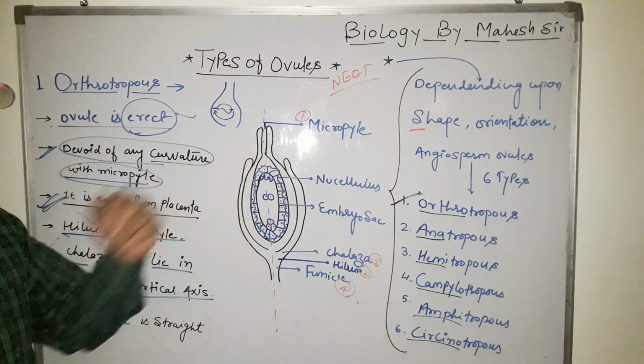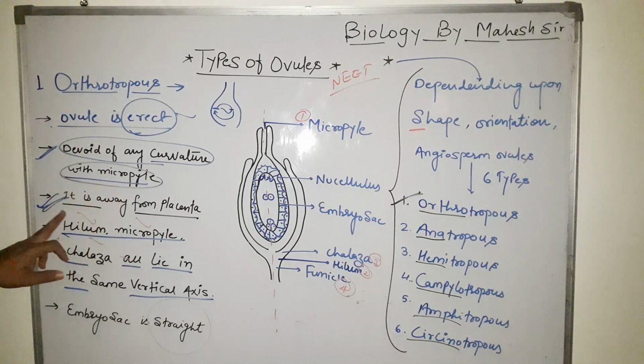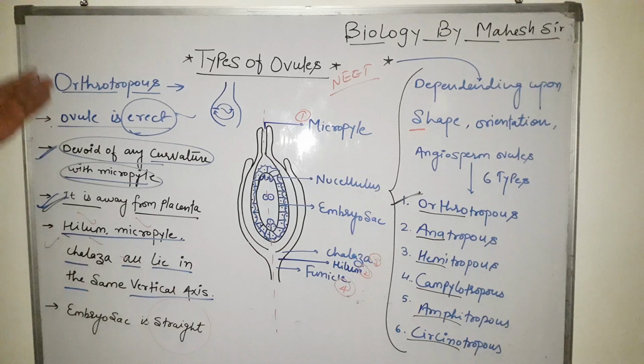But we are discussing angiosperms, so that is an example of this type of ovule. You can take a screenshot of it for your subjective questions. These are the characteristics: ovule is erect, devoid of any curvature with the micropyle, away from placenta, hilum, micropyle, chalaza all lying in the same vertical axis, and embryo sac is straight. All are very important points for NEET.